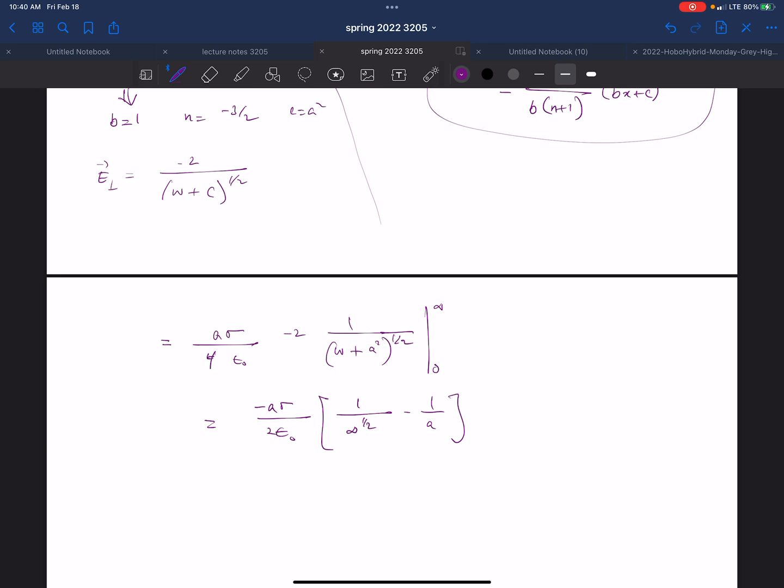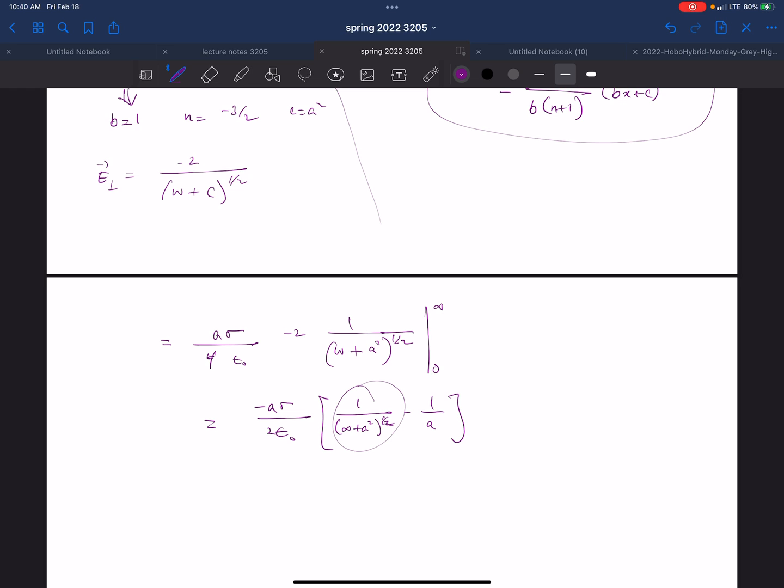Sorry, this is infinity plus a squared to the half, because that was the limit of the integral, right? You guys with me? So this basically looks like 1 over infinity. This one looks like 1 over infinity too. Infinity is a lot bigger than a squared.